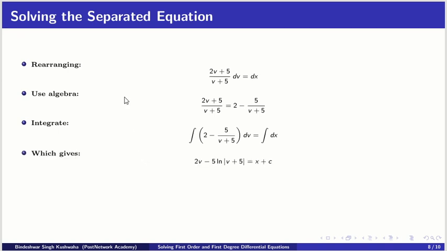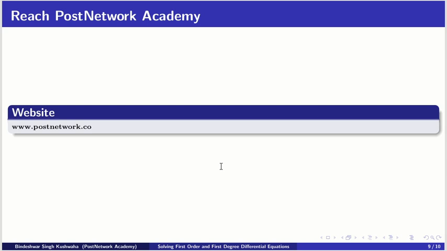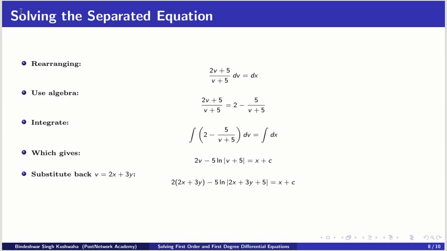So we will have 2v minus 5 log of v plus 5, because 5 upon v plus 5, the integration of this term would be log of v plus 5, and here 1 we have, so the integration would be x, plus one constant term. So finally we will have the solution, this one.